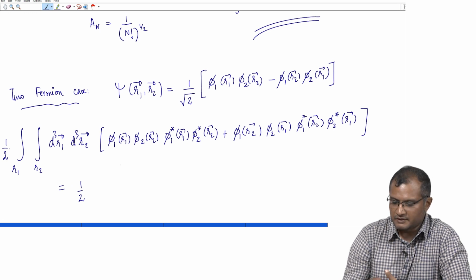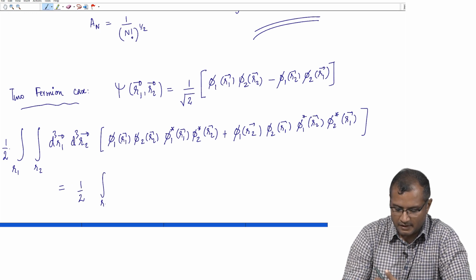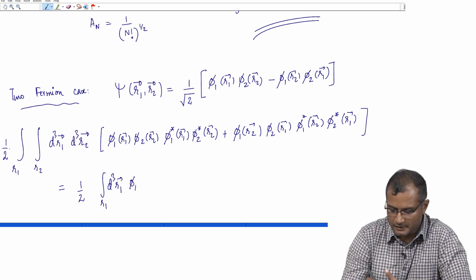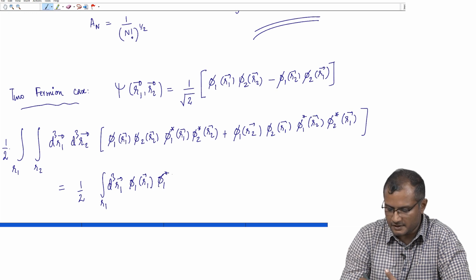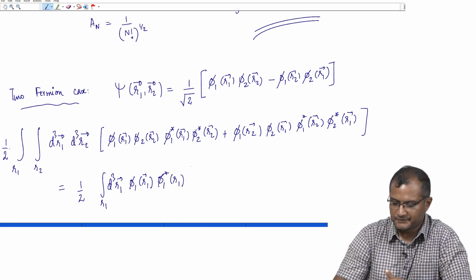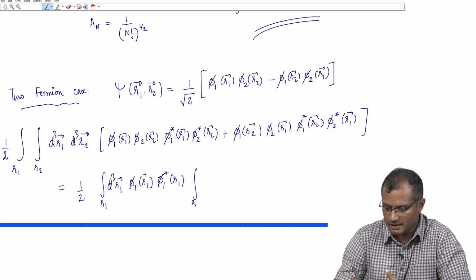2. The first term can be written as integral on r1, d cube r1, phi 1 r1 into phi 1 star r1, into integral on r2.